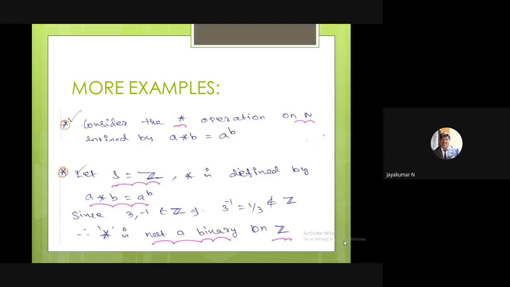If it is the set N, a star b is equal to a power b, it is definitely binary. If I change the set to Z, it is not binary.